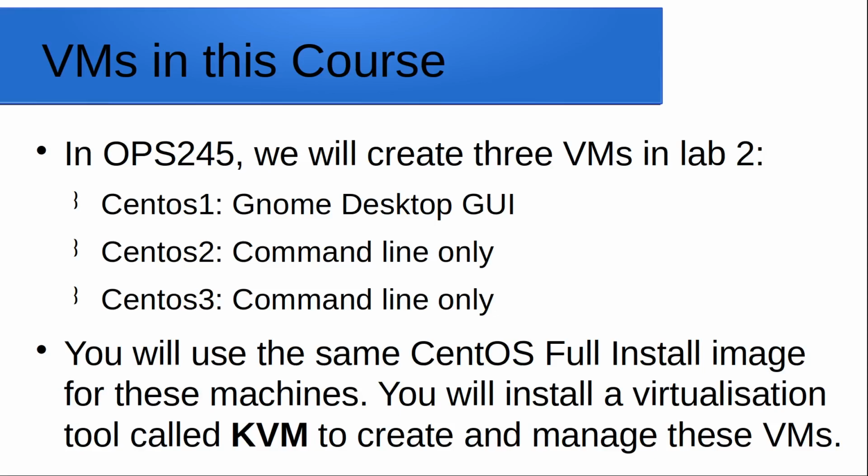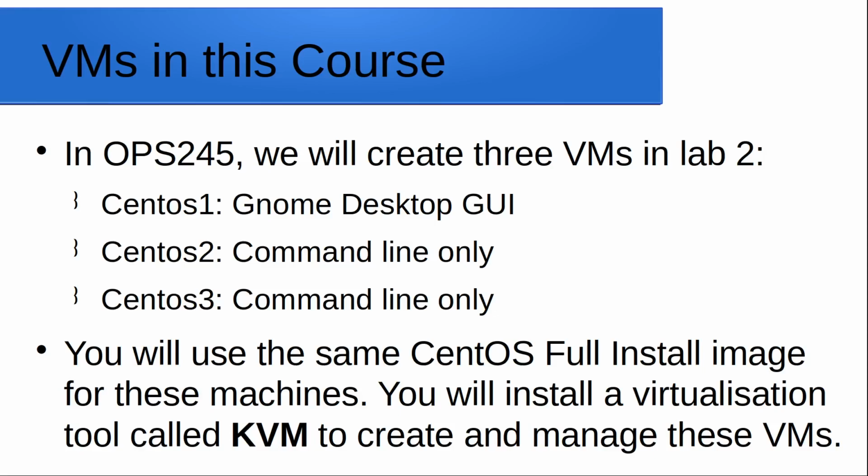CentOS 2 and CentOS 3 are going to be command line only because, let's face it, when you install servers, that's what you get. They're configured as command line only for a variety of reasons. So you should get comfortable working and interacting with Linux in that environment. But there are definitely some advantages to leveraging the command line in a graphical environment. So that's always a good thing that I've enjoyed that we do in this course.